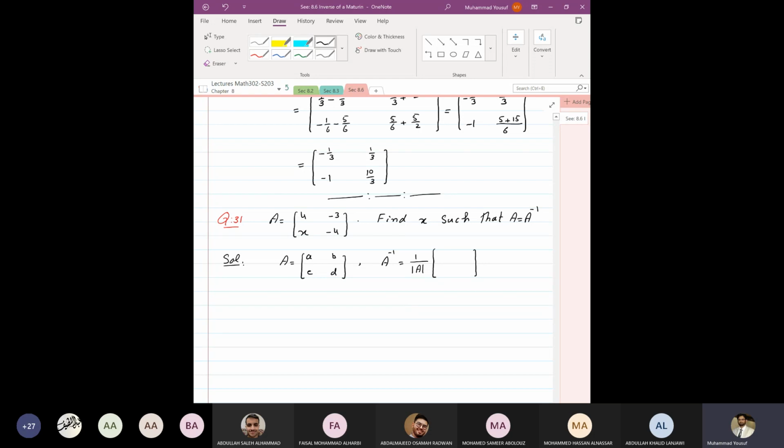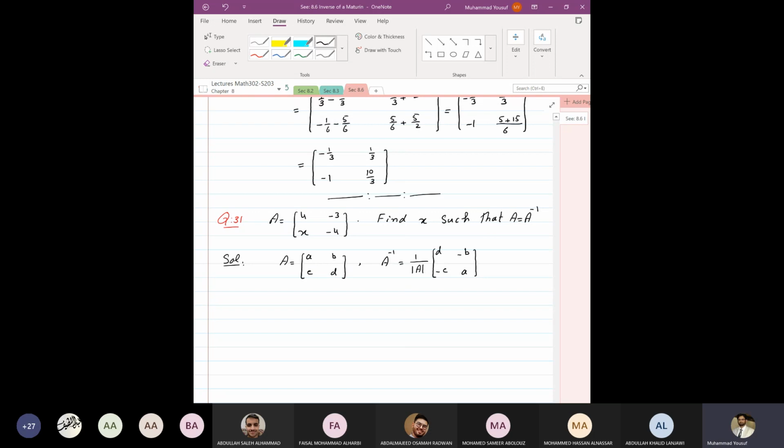On the main diagonal, interchange these two numbers, and on the other diagonal, you simply change their sign. This is the direct method to find the inverse of a 2 by 2 matrix.